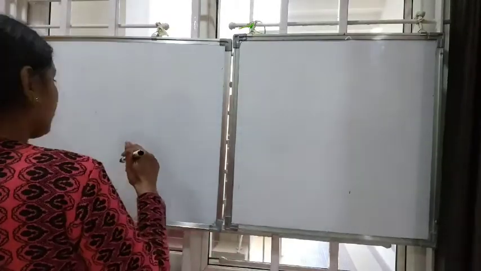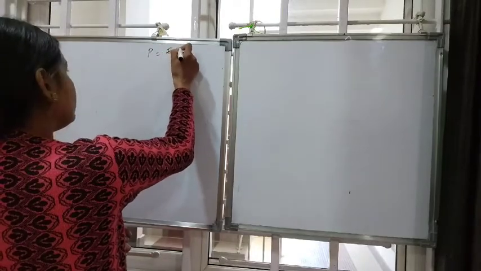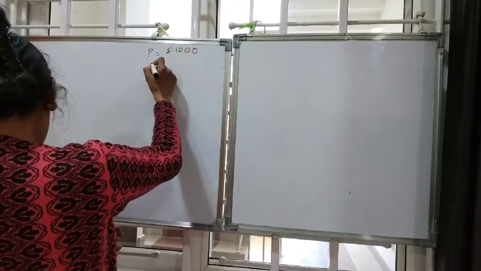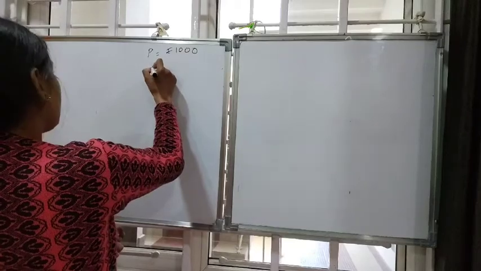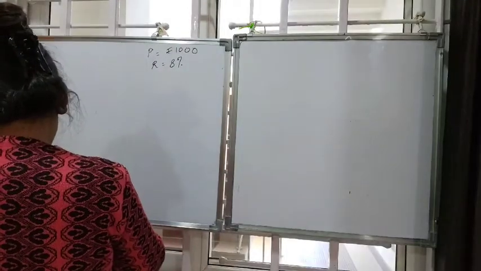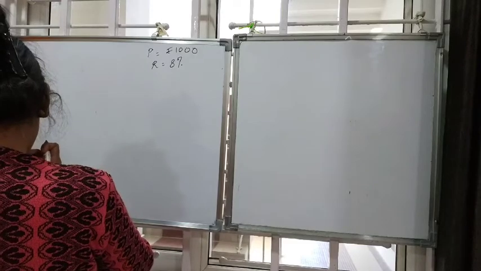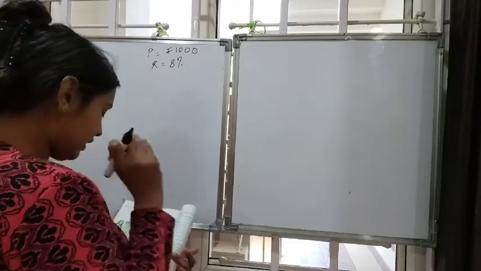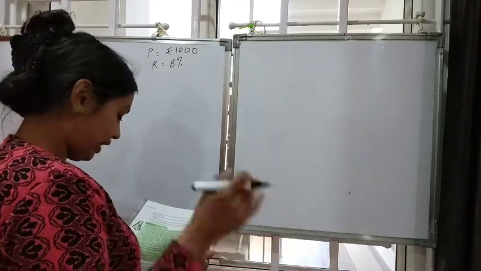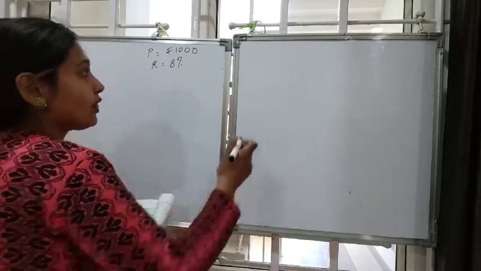So here in question number 2, the principal is given as rupees 1000 and the rate is given as 8%. Fill in the following table and find which type of interest, simple interest or compound interest, changes in direct proportion with time.